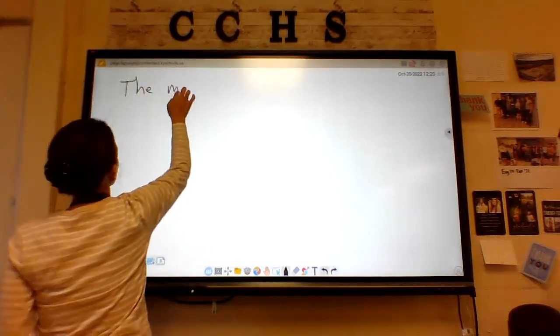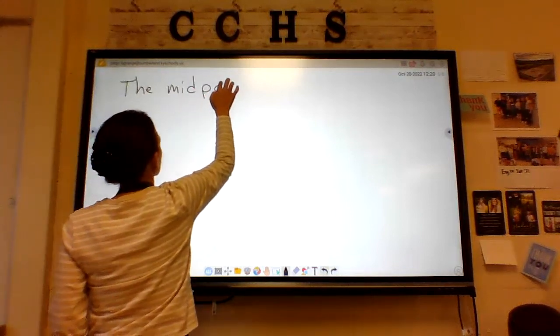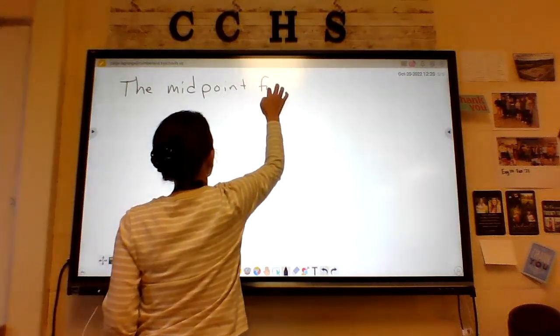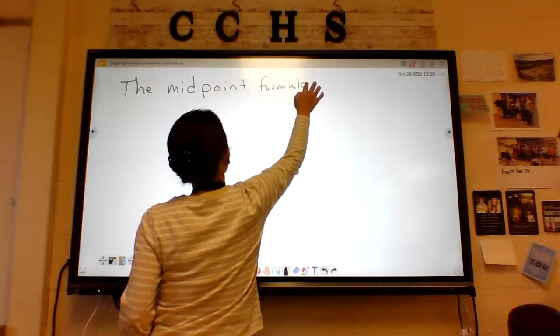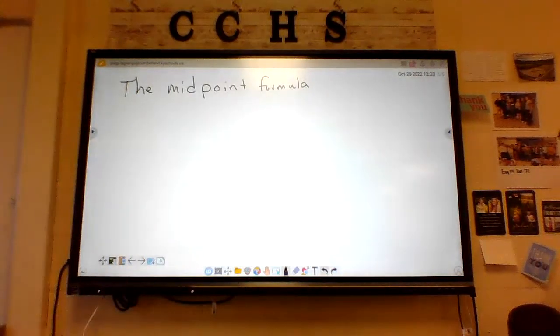Let's look at the midpoint formula, and let's reason through this real quick. The result of the midpoint formula is not going to be a distance, right? It's going to be an actual point that's in the middle of a segment.